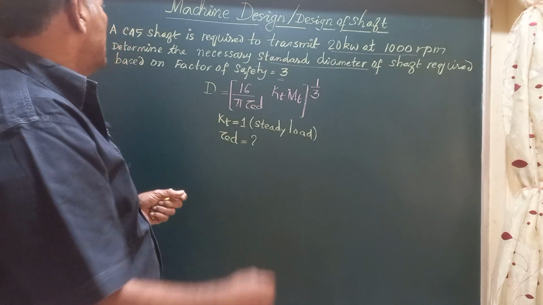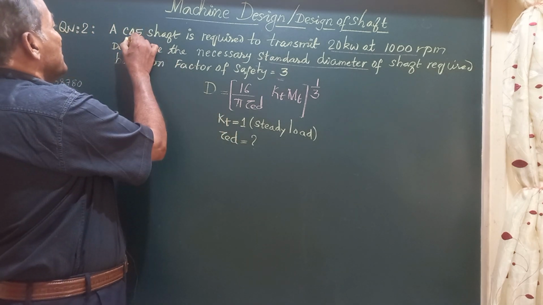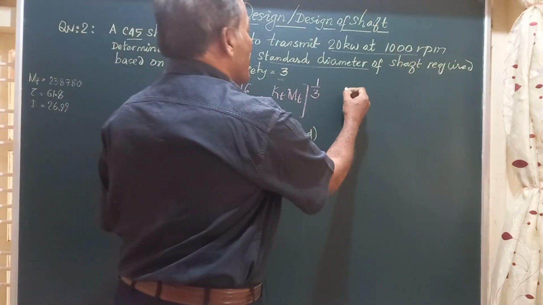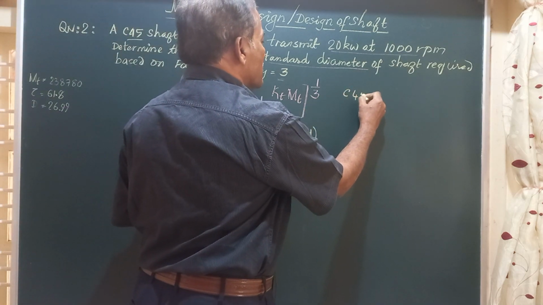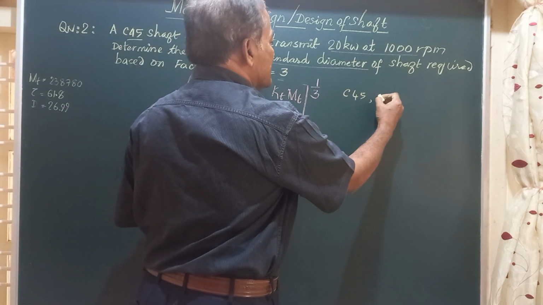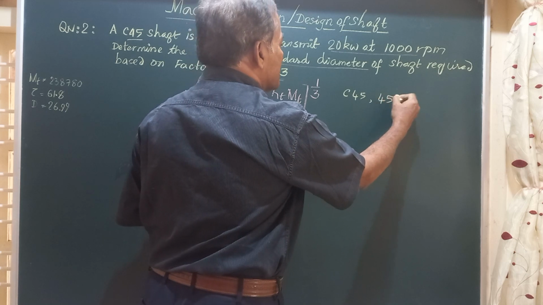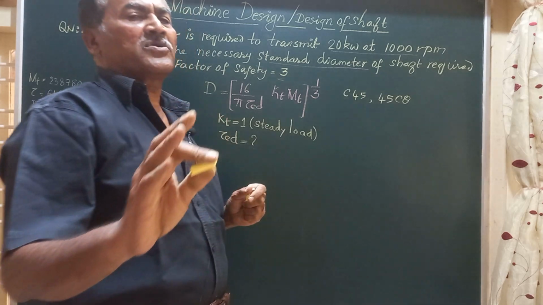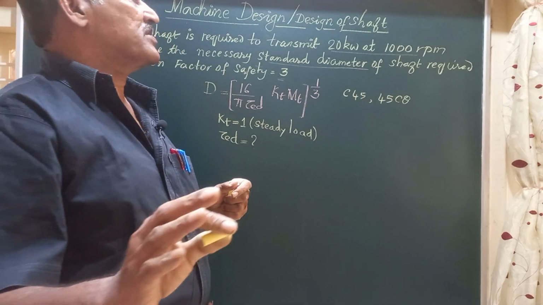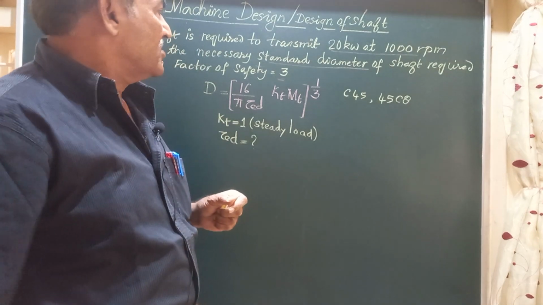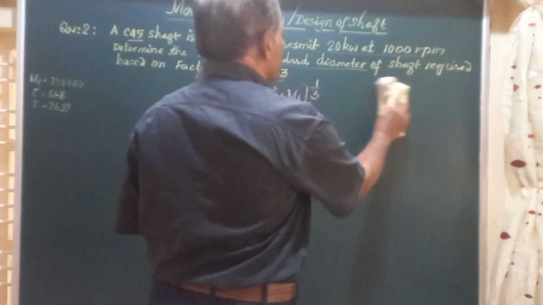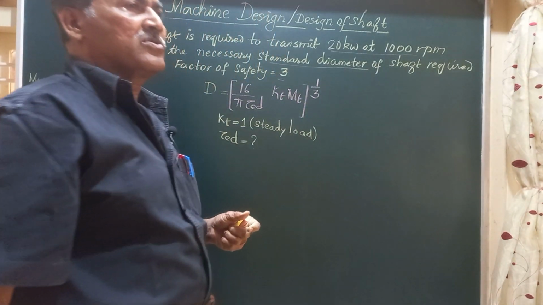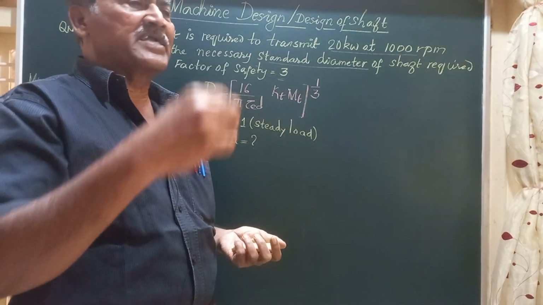Here, friends, the material given is C45. This C45 is also called as 45C8. It is a carbon steel having average 0.45% carbon in it.